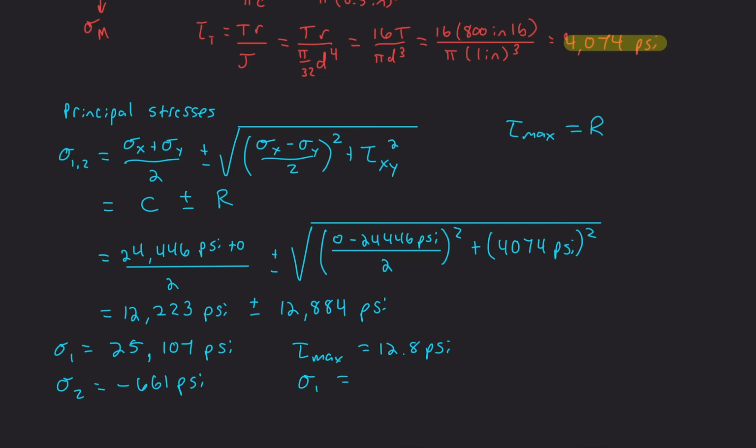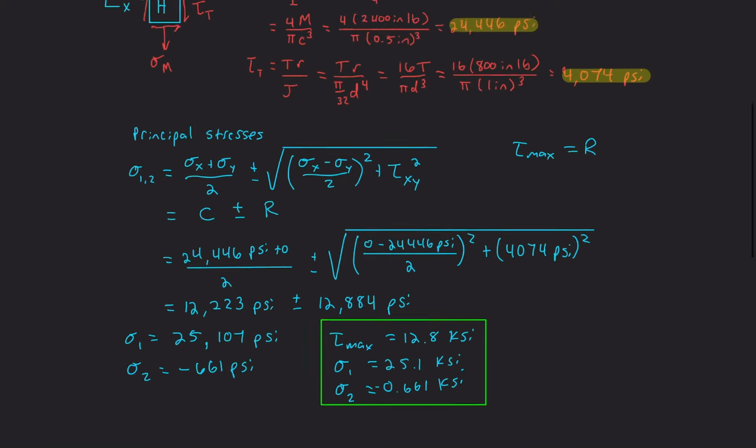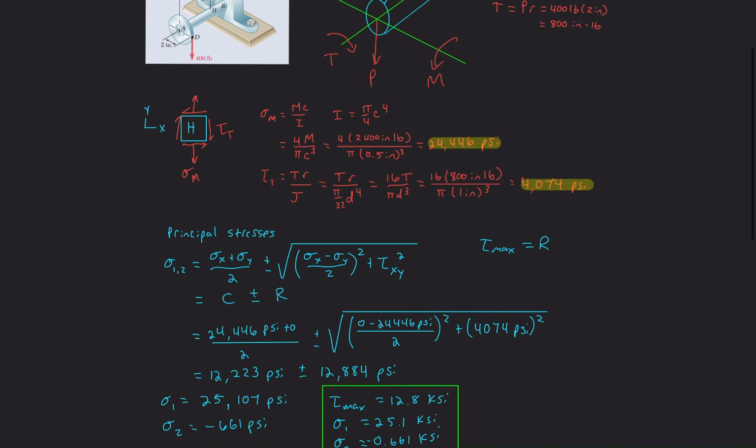Sigma 1 is 25.1 ksi, and sigma 2 is negative 0.661 ksi. All right, so these are our principal stresses. So that is how you solve this problem.